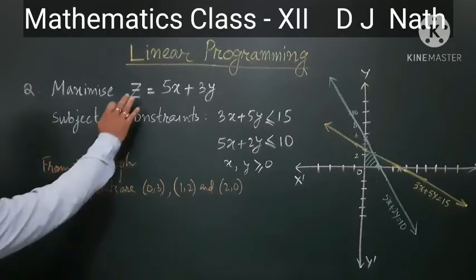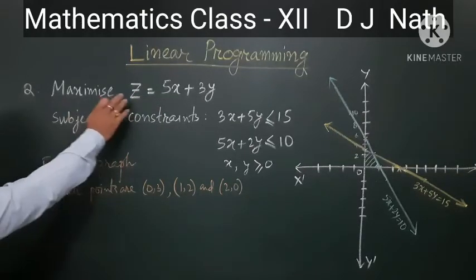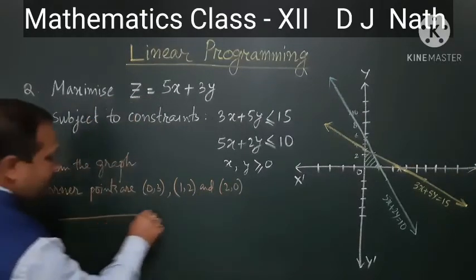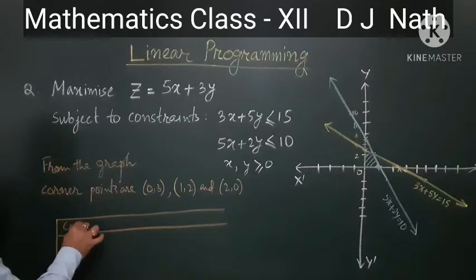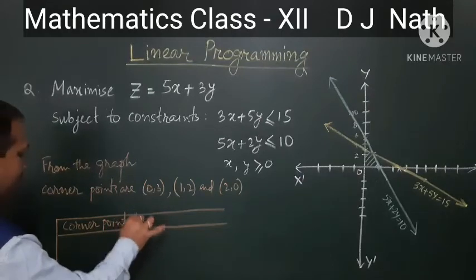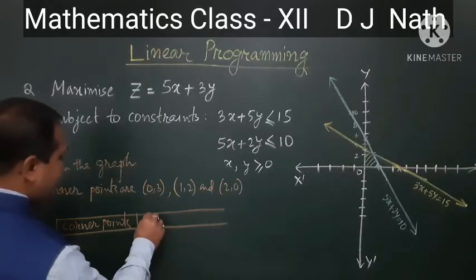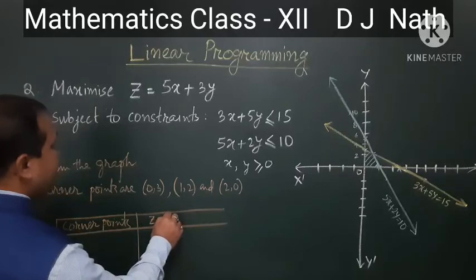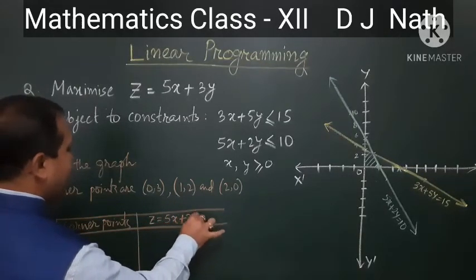So what we will do? From our objective function, we have to find where z is maximum. So we will make a table for that. The table will be corner points and objective function, z is equal to 5x plus 3y.